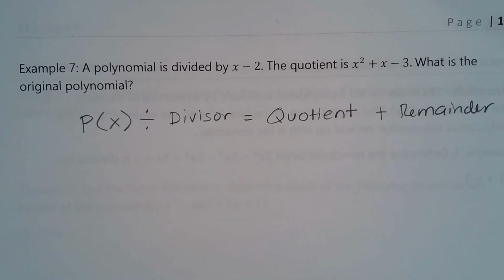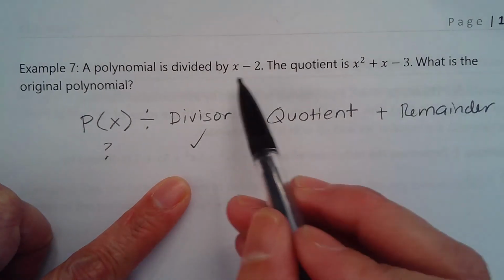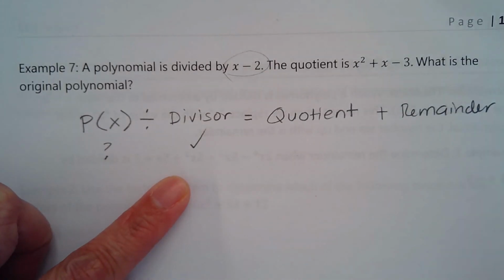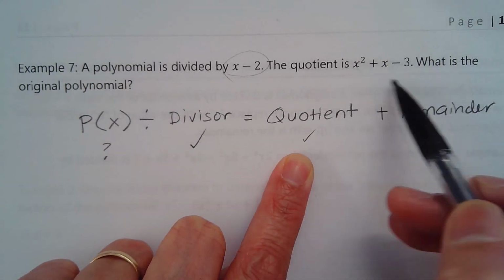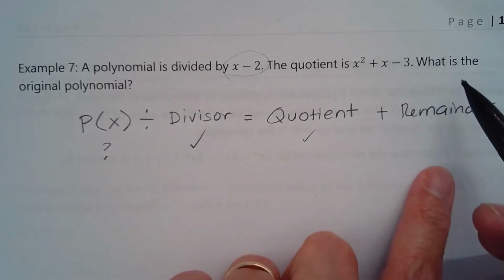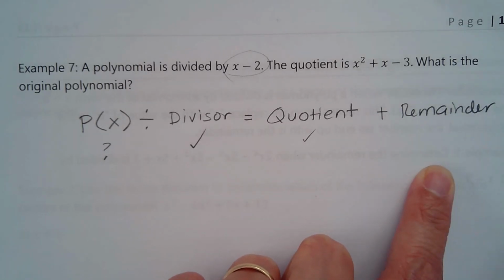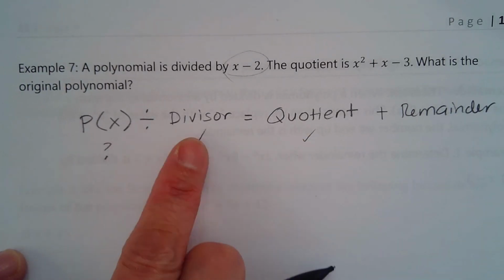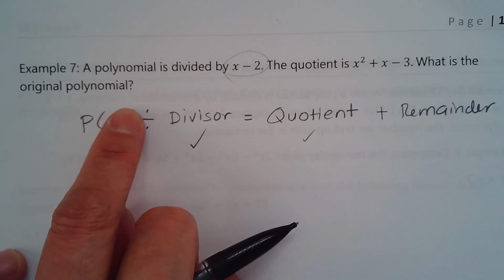So what they're saying is, I don't know what this is. I know the divisor, x minus 2, because that's what it's being divided by. I know the quotient, the answer. And they didn't mention any remainder, so the remainder is 0. So how can we figure this part out?